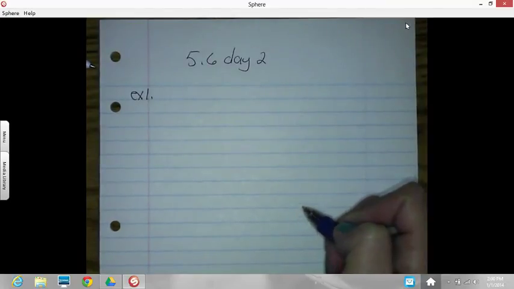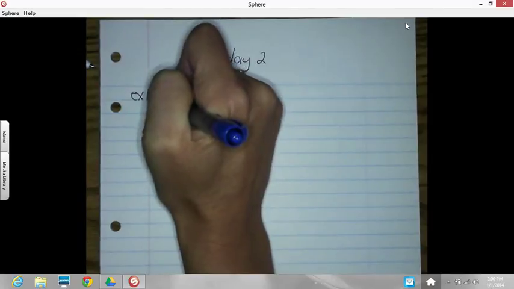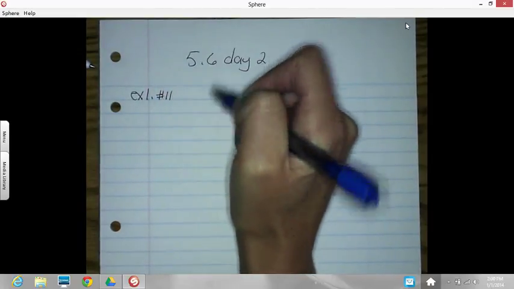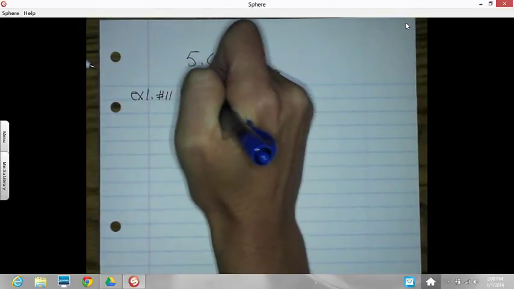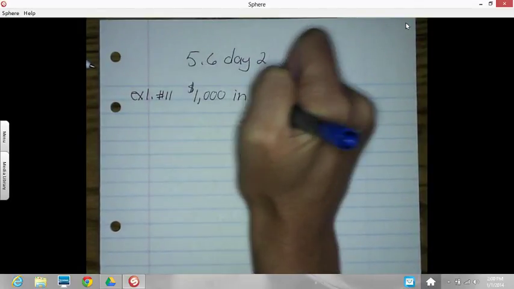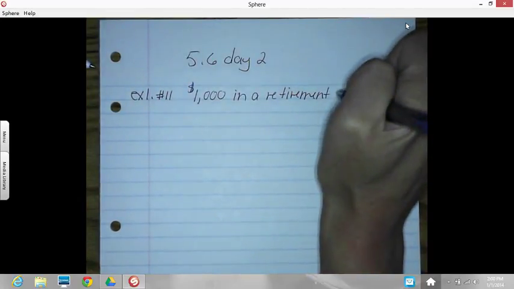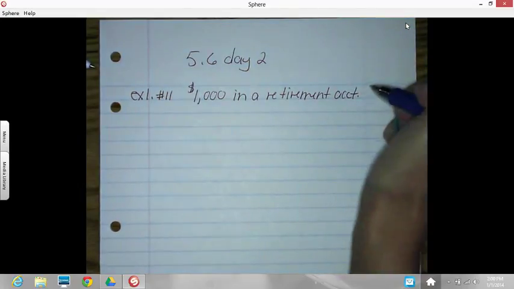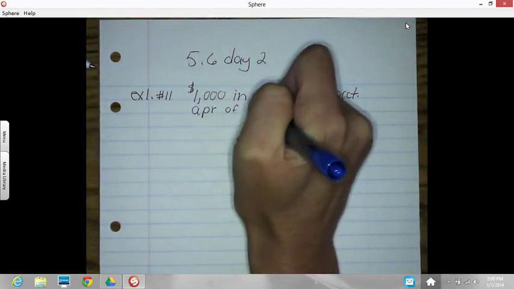And what it is is compound interest. It says, this is actually your number 11 in your book, but you don't need your book. You are going to invest $1,000 in a retirement account. And this retirement account has an annual percentage rate of 9%.